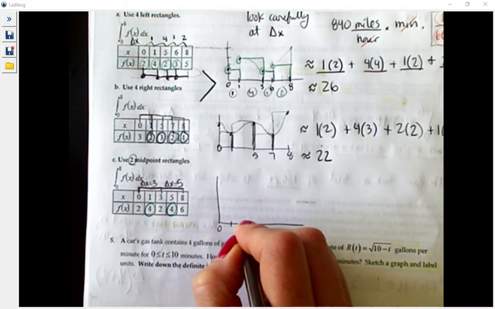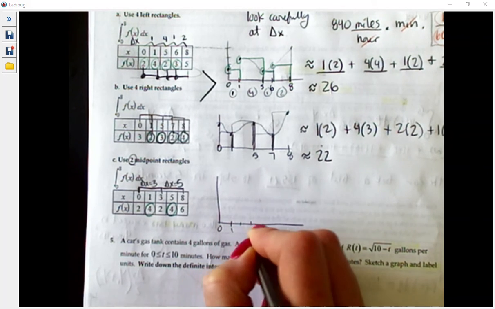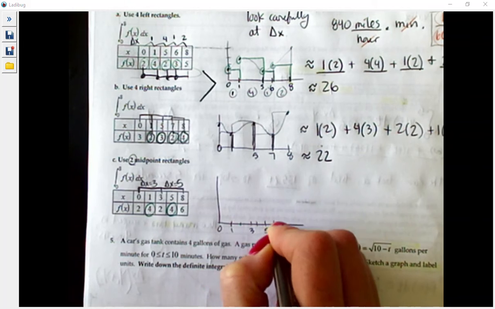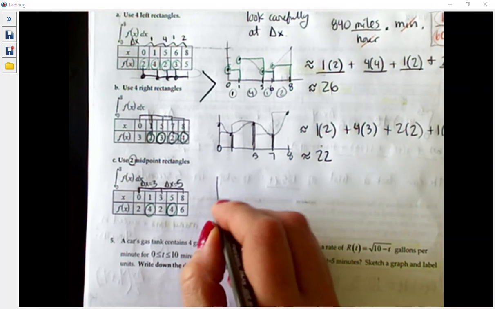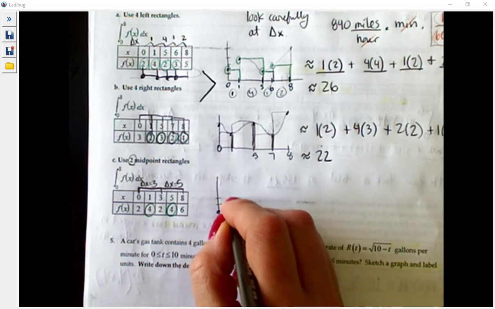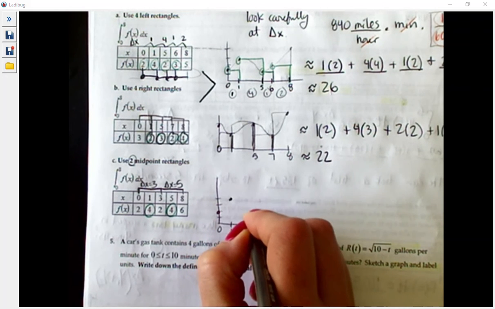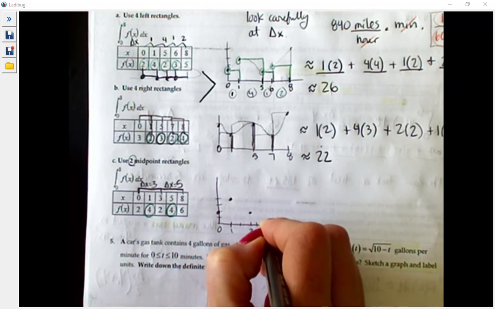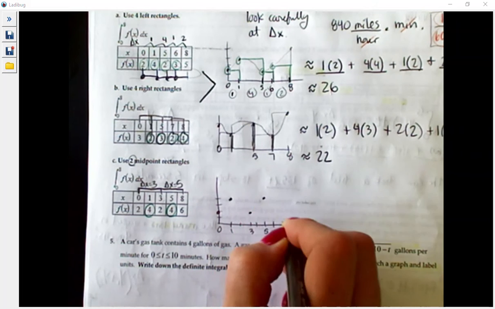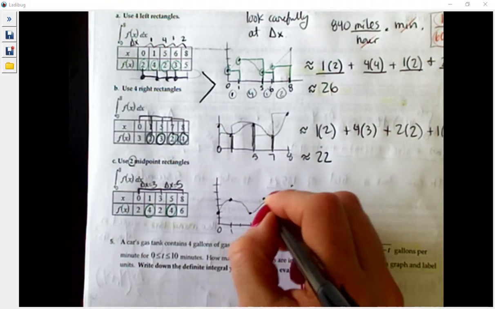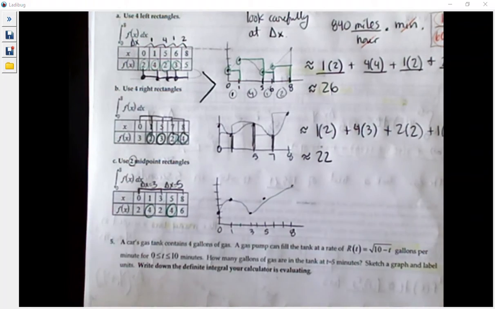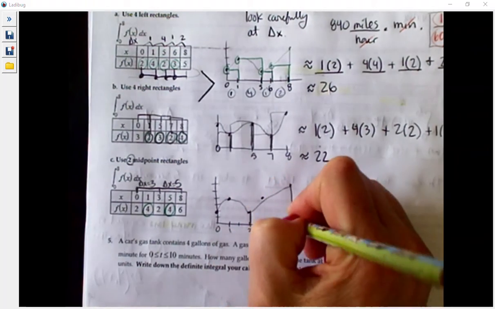0, 1, 2, 3, 4, 5, 6, 7, 8. 3, 2, 5, 4, 8, 6. And connect. Okay, so there it is.